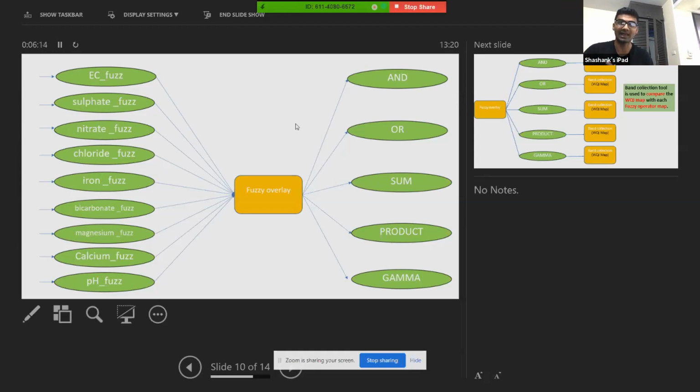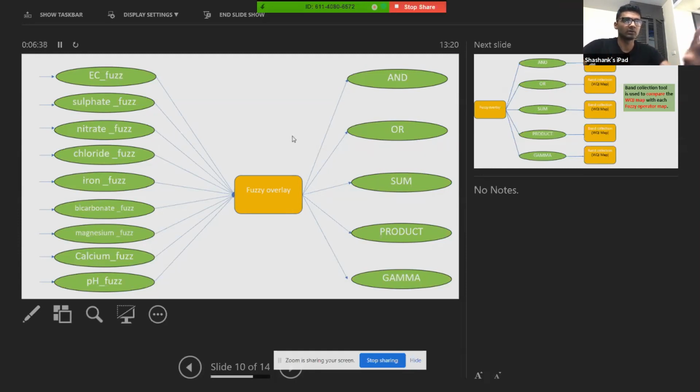We can use the AND operator, OR operator, sum, product, or gamma. AND will take the minimum values of all the attributes, or OR will take the maximum value of all the attributes. Sum will add all the attributes, product will multiply them. Gamma is the product plus sum raised to the power of gamma.